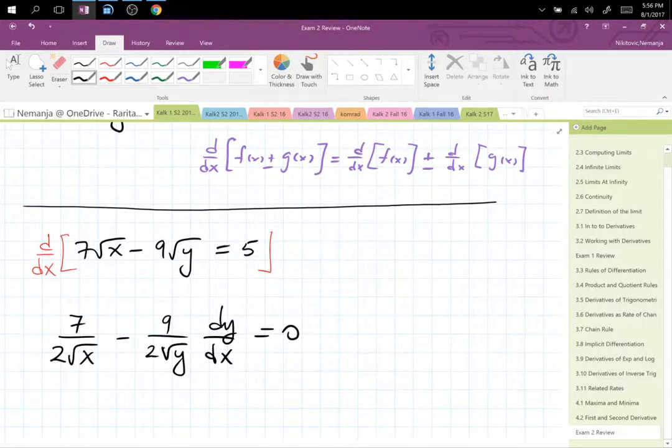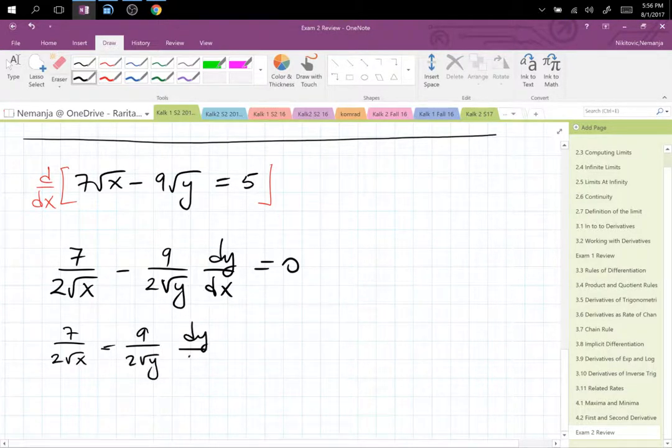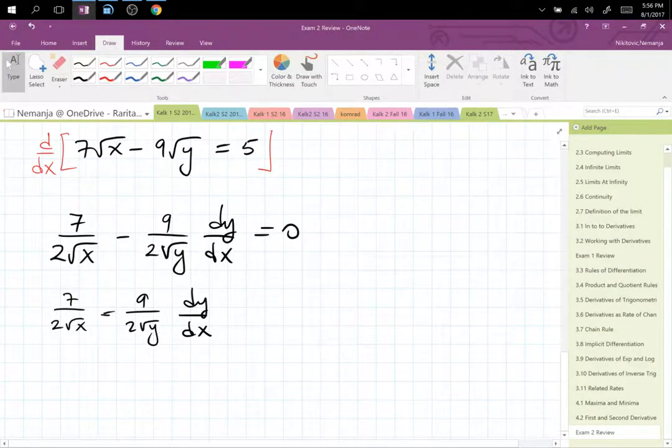All I need to do now is solve for dy/dx. So 7 over 2 root x is equal to 9 over 2 root y times dy/dx. Multiply both sides by 2 root y.